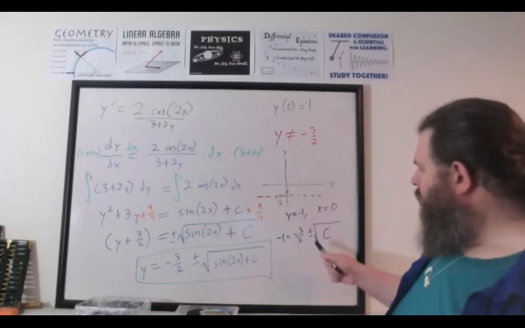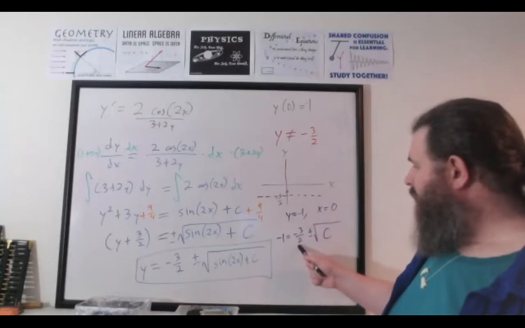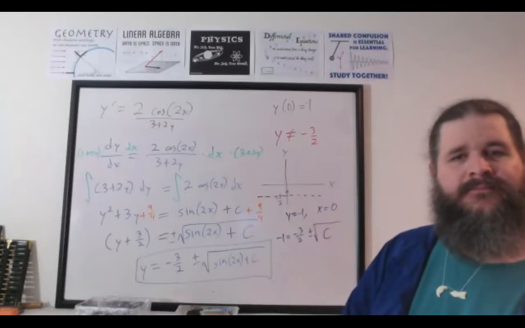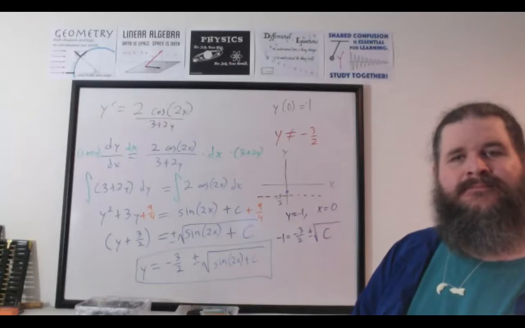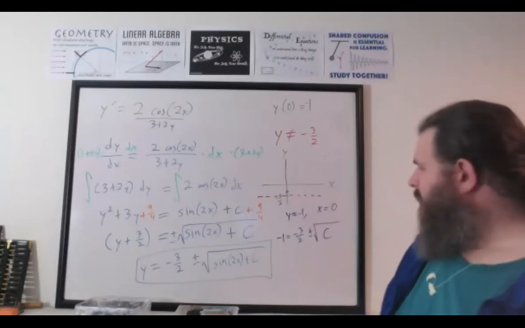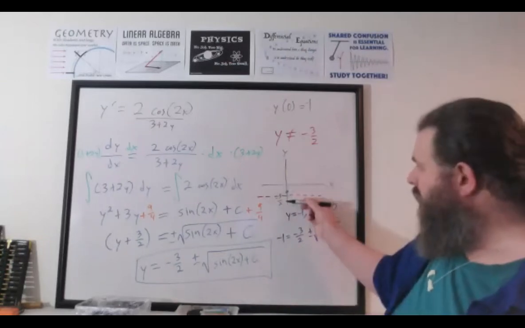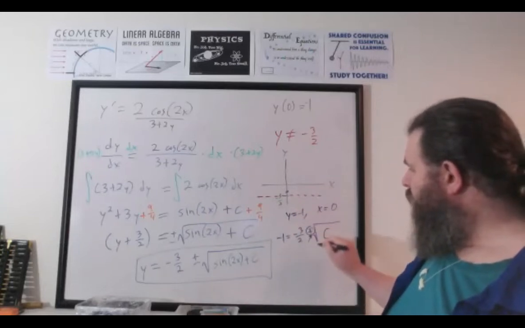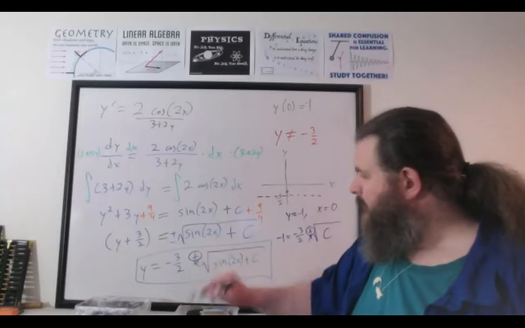First of all, though, we've got a plus or minus here. If you're at -3/2, would you have to add or subtract in order to get to -1? Add. Yeah, -1 is greater than -3/2. -3/2 is down here, -1 is higher up. So we're going to have to add, not subtract. And that tells us which sign to use here.